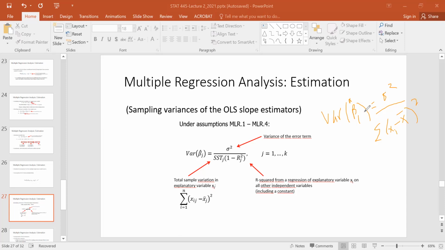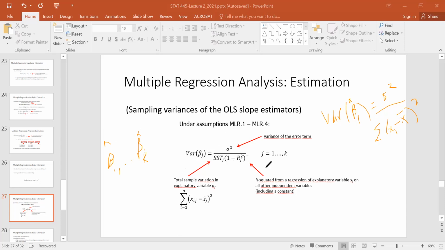There, we had only one regressor, so one slope parameter. Here it is tedious to derive, so we shall skip it. If it becomes necessary, we'll derive it in class. Remember, there are beta 1 all the way to beta k. So the variance of one of them, let's say beta hat j, will be sigma squared over SST j times 1 minus r squared j.